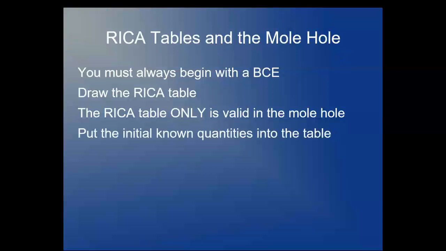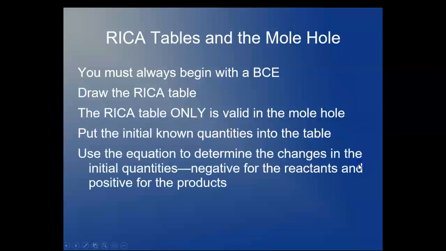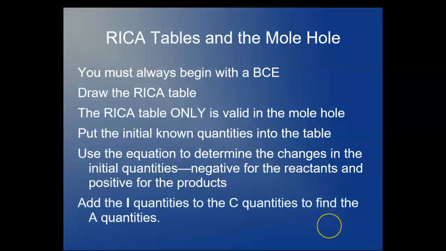You put the initial known quantities into the I column, and the change column then comes from the chemical equation, determines the changes in the initial quantities. It's negative for the reactants and positive for the products. And then at the end, you add the I quantities to the C quantities to find the after quantities.